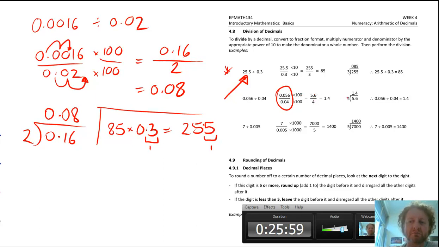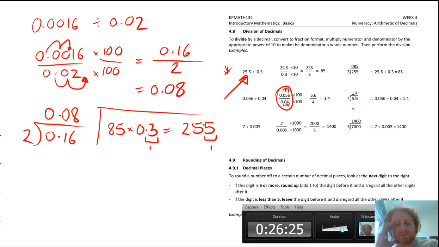My question to you is, would you rather divide by 4 or 40? I'd rather divide by 4. So I'm just going to leave the denominator whole. I'm not going to try and make the numerator whole. Just doesn't matter. So 2 moves made the denominator 4, 2 moves made the numerator 5.6, and then 4s into 5 goes once with 1 left over, 4s into 16 goes 4. My answer was 1.4.